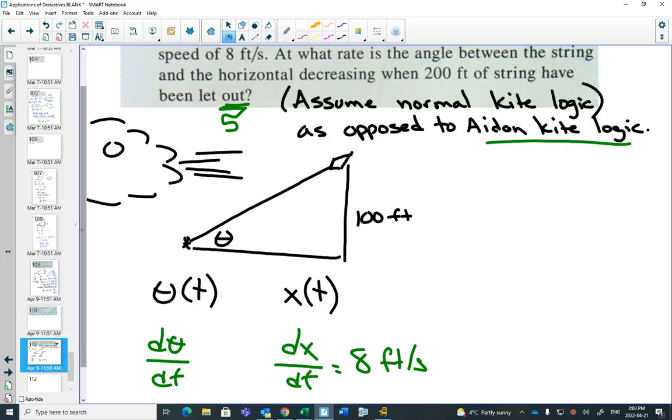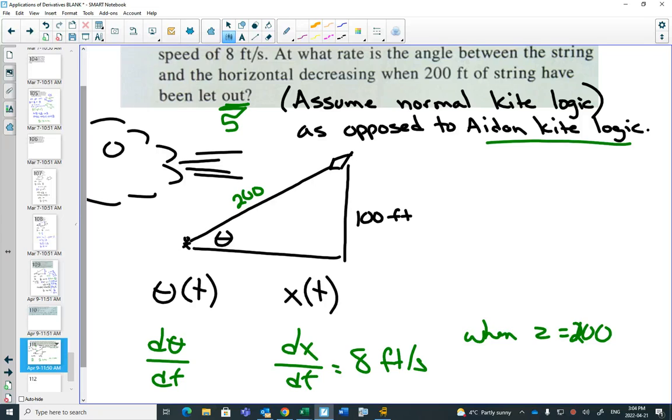We want to find when z equals 200, and we don't have our nice triangle here anymore. What do we get for our other value here?